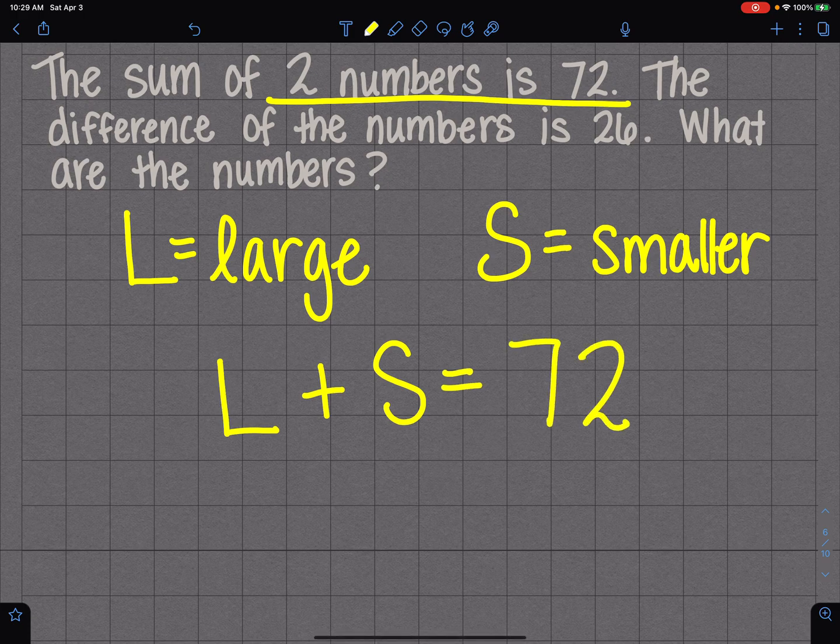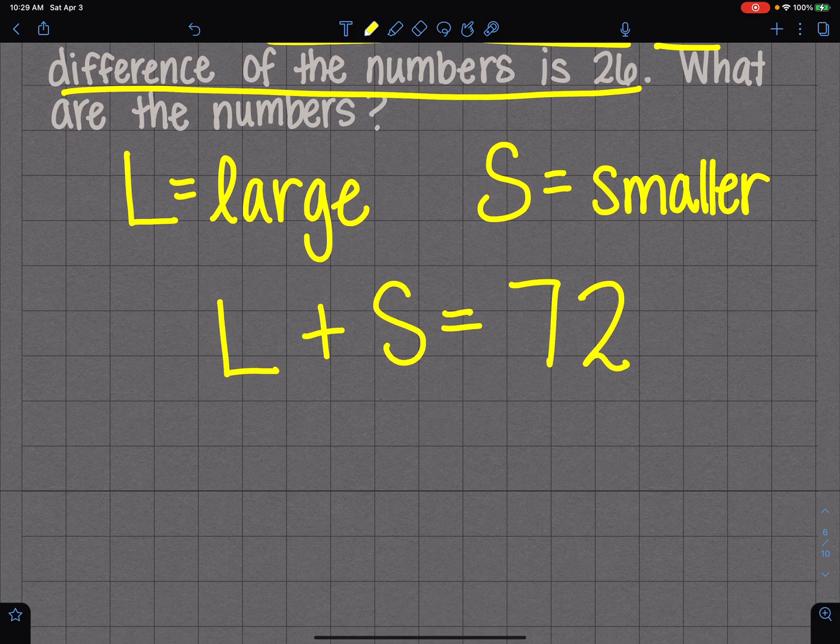Okay, that one's easy. Now let's do the second equation that we get out of this word problem. The difference of the numbers is 26. What does difference mean? Difference means you subtract. So which one are we going to subtract? Is it going to be L minus S, or is it going to be S minus L?